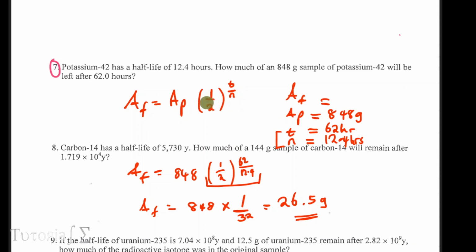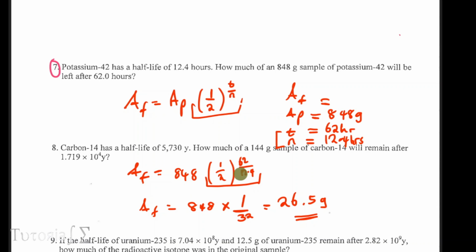Understanding number two, maybe you make a mistake on multiplying this fraction. If you make a mistake on multiplying this fraction, it means that you're going to fail the exam. This is why I even highlighted it when starting, because many students will say 848 times half, then to the power 6, but that is totally out of context.